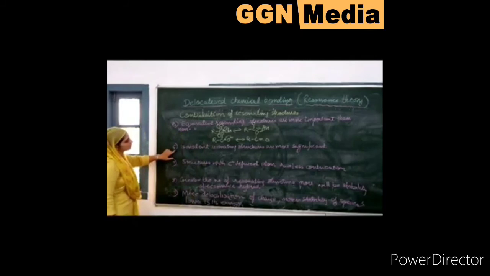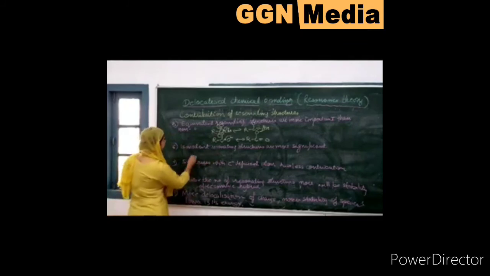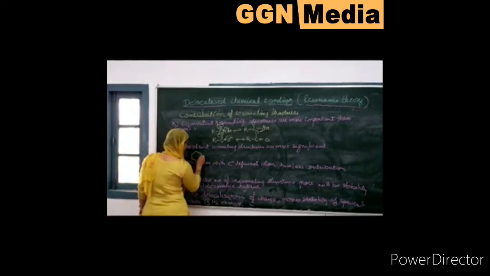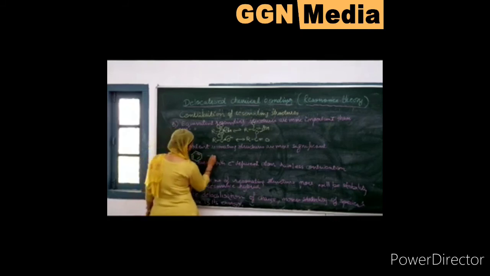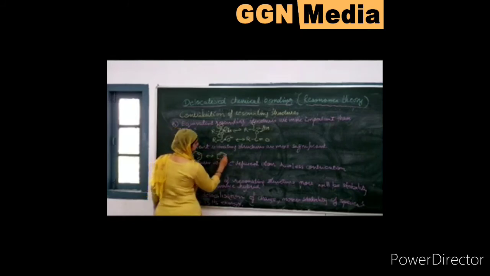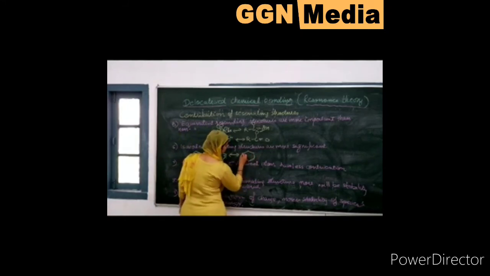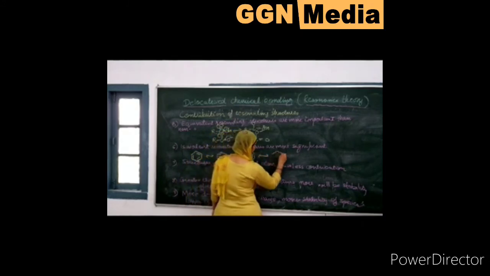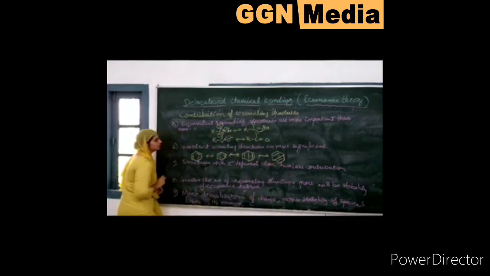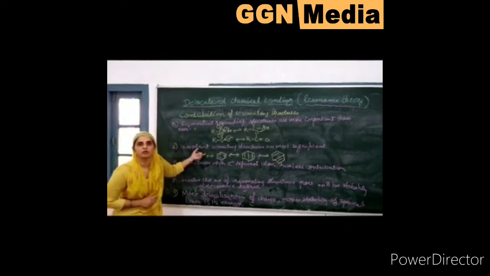Then the sixth point says isovalent resonating structures are more significant. So let's take the example of benzene. What are isovalent resonating structures? The structures which have the same number of covalent bonds.